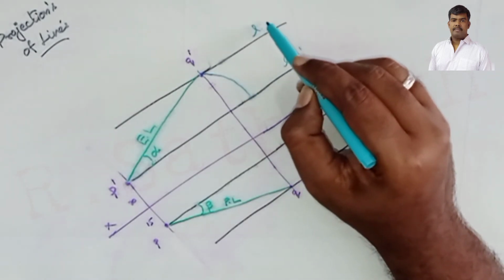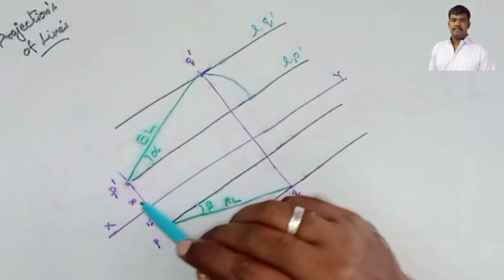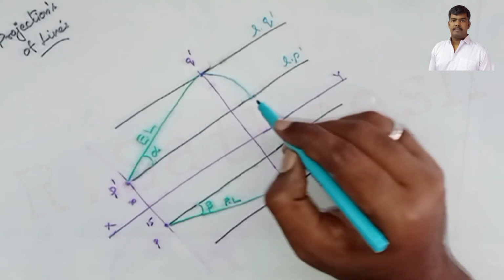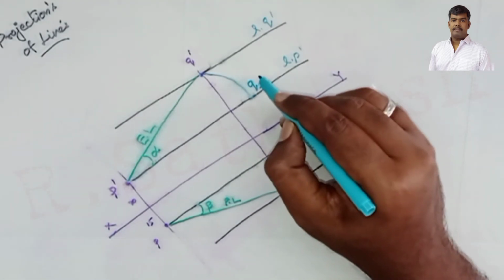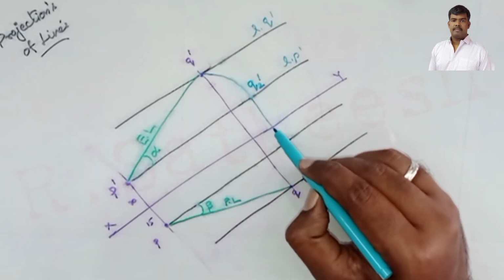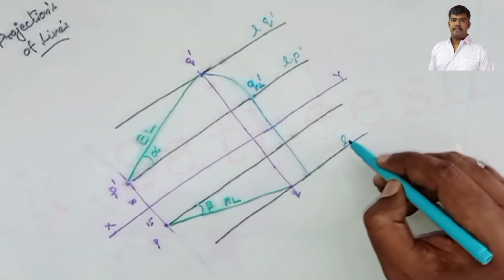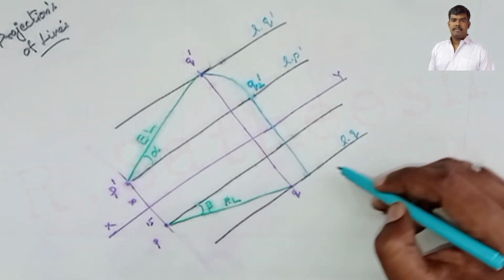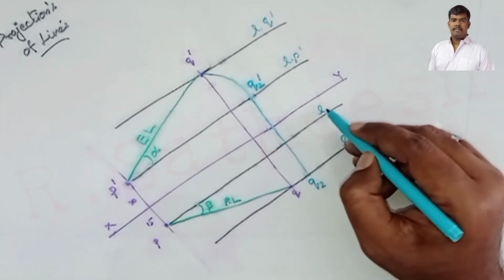So from the locus of Q dash line to the locus of P dash line, you draw one arc; the radius is P dash Q dash, the center is P dash. From here you draw one vertical line. Where that line intersects the locus of Q, that point is Q2, and this one is the locus of P.